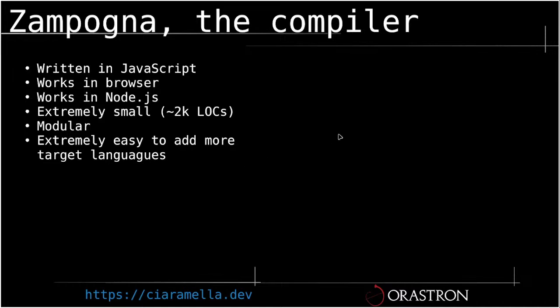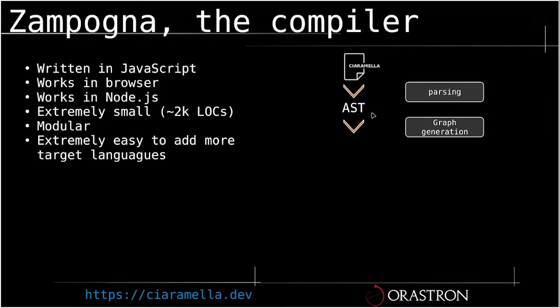Okay, so the point is, the build process is you write in Ciaramella, then the first phase is the parsing, so you get the abstract syntax tree, if you're interested in this, but it's kind of standard. Then you have the generation of the graph, so we have an internal graph representation as we were saying.